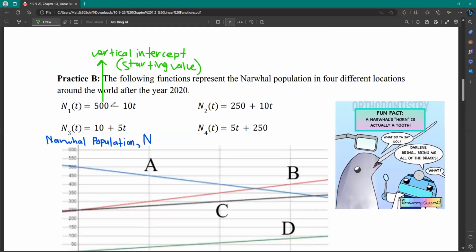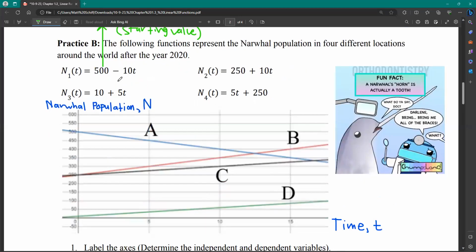It is the amount of population when t equals 0, when that input is 0. So before any time has passed, you have a starting amount of population. You have the vertical intercept of the graph. So you look for a graph that has 500 as the vertical intercept, and there it is right there. It's graph A.